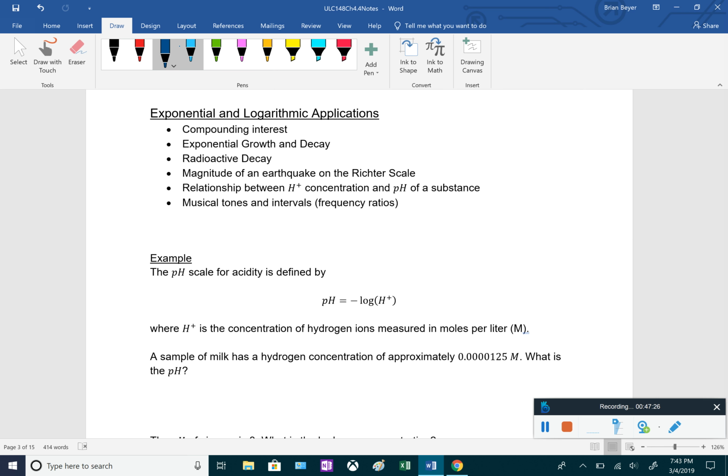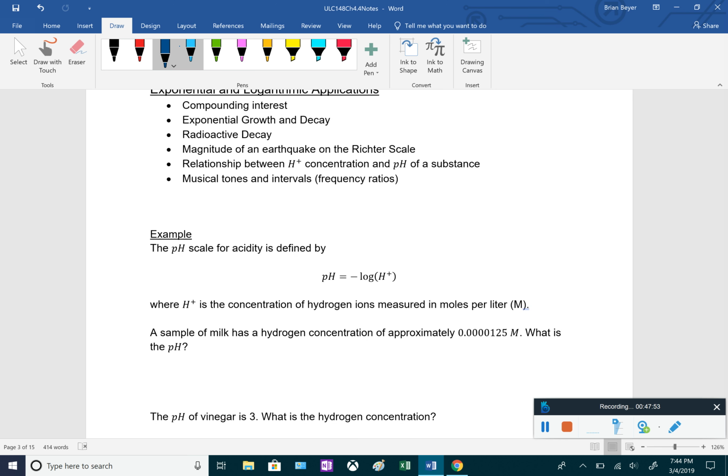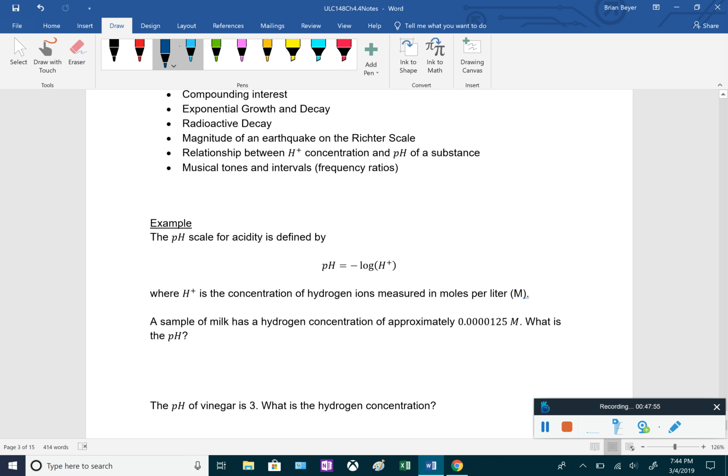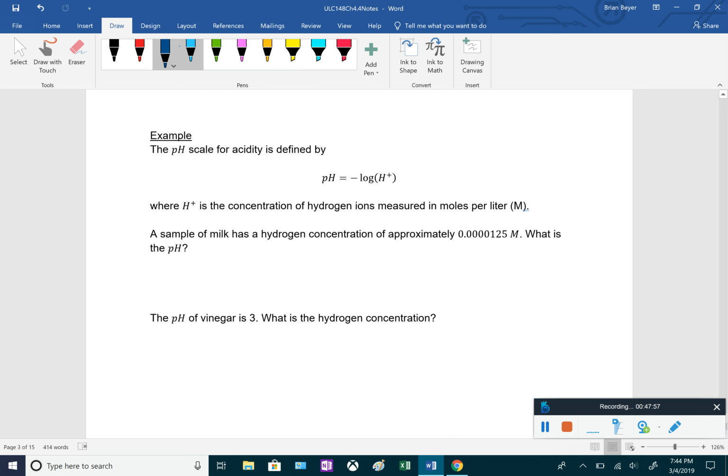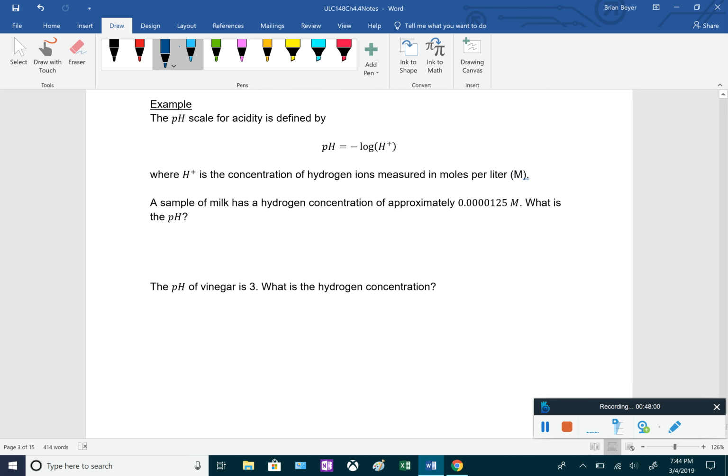Magnitude of an earthquake on the Richter scale is measured using logarithms, I believe. And the relationship between the hydrogen ion concentration and the pH of a substance, which we'll see in this last example. And frequency ratios, like musical tones and intervals, also use logarithms. Obviously there's more than just that, but those were a couple of interesting ones that were pretty different from each other.